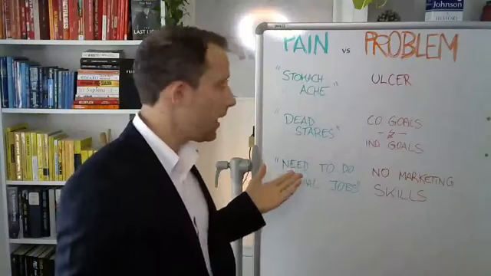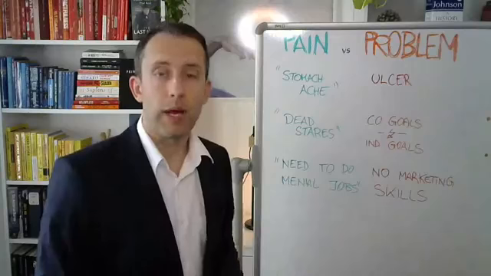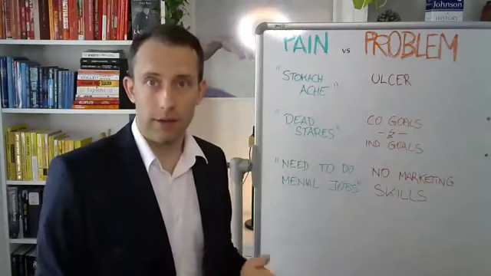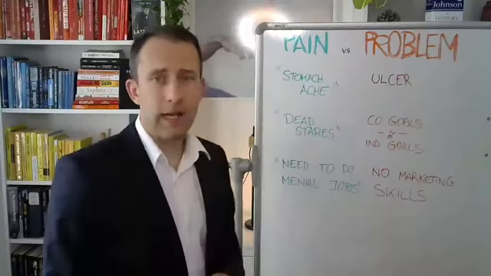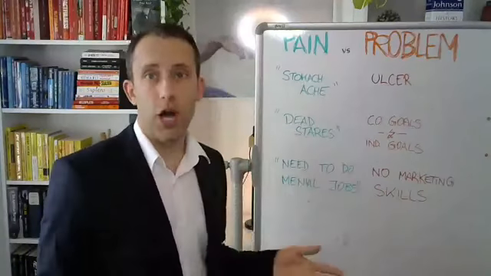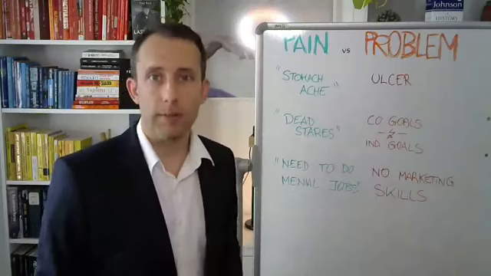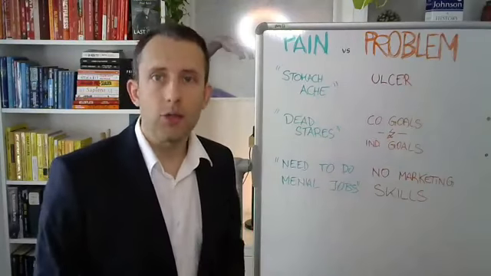Okay, and then finally, this is something that I had on a call with one of my prospects when I was exploring his pain with him. He says money is so tight that he has to do menial jobs in order to keep the lights on. So I explored that with him. I asked him why that is an issue for him, and so on.